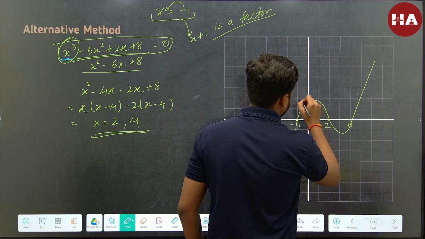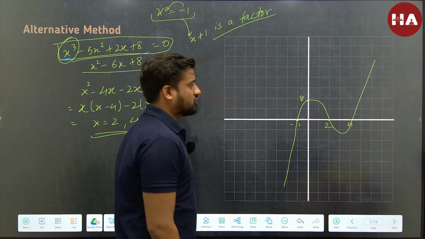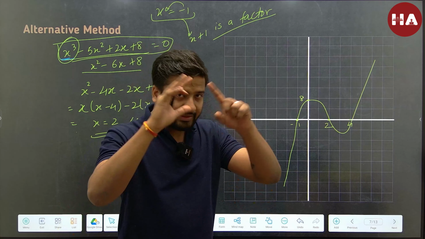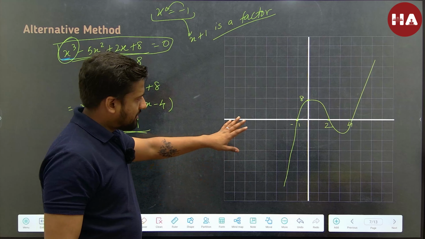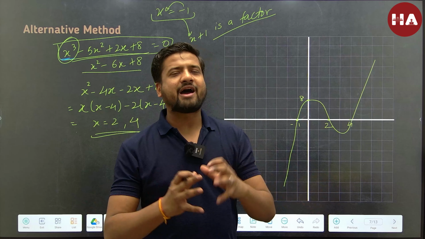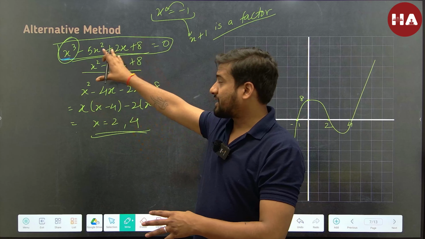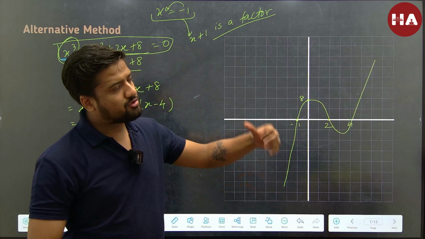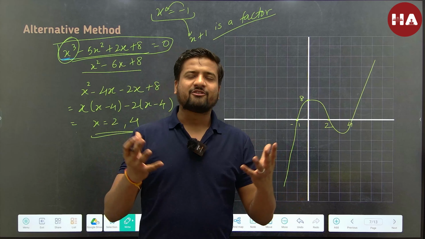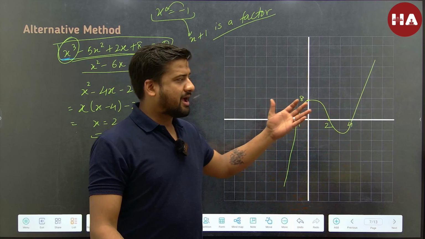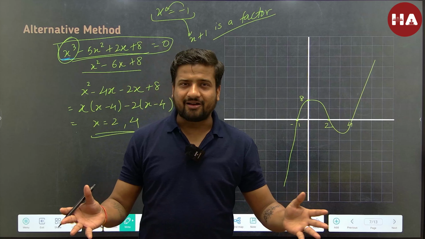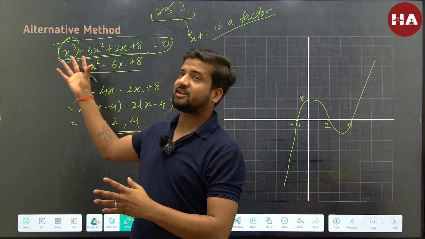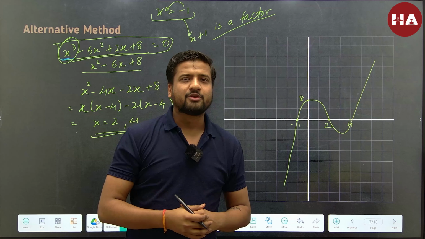So that's what my graph should look like without actually forming that table. I get it, both ways have some pros and cons. You can solve it like this by doing the long division. If not, you can always form the table, find the exact values and draw the graph. All right, please note it down if you want to. It's not necessary, it's an alternative method, but please, yeah, note it down.